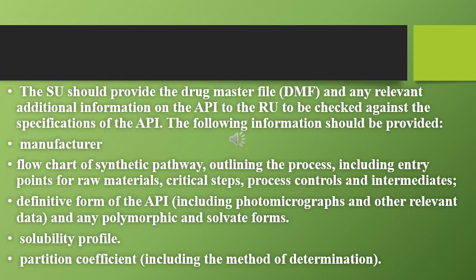All these points should be covered there. Solubility profile: in which type of solvent our drug or main active pharmaceutical ingredient is soluble. What is the partition coefficient, and the method for the determination of the partition coefficient. Every basic thing is included in the drug master file.